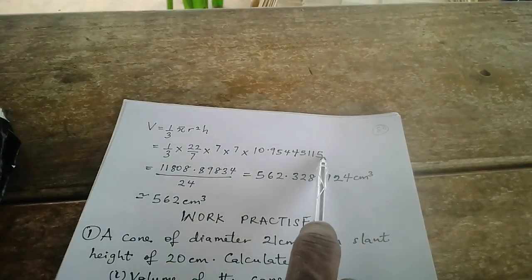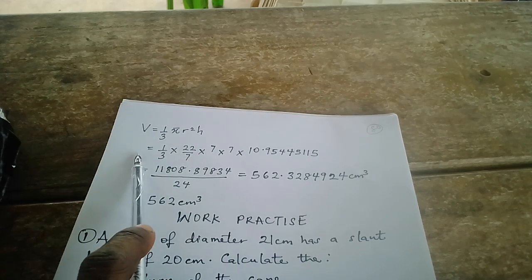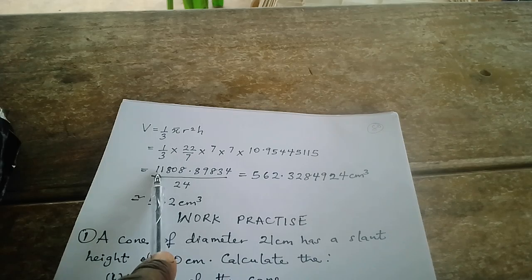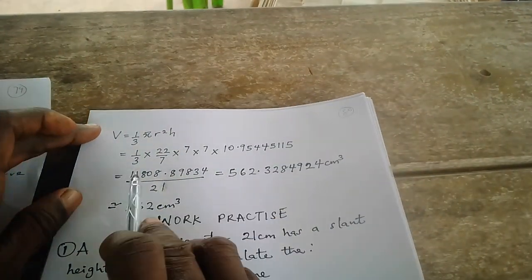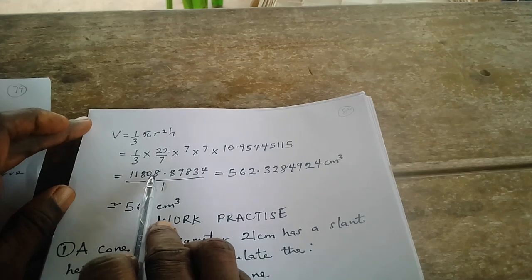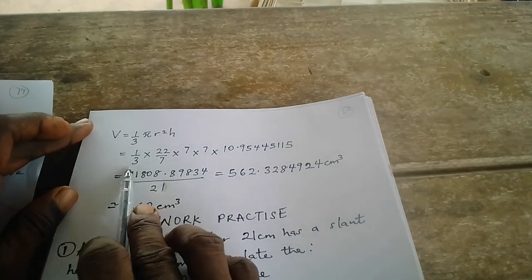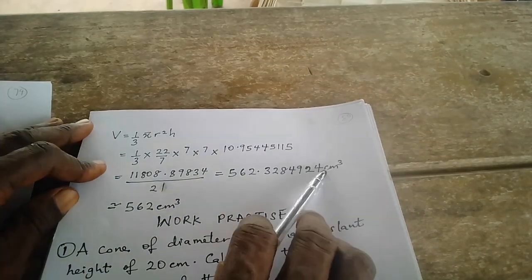So that's what I substituted here. When you multiply the numerator, you have 11,808.89834 over 3 times 7, which is 21. So when you compute this, you get this.